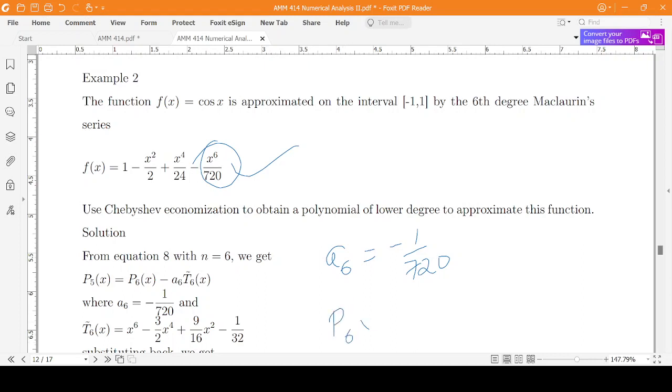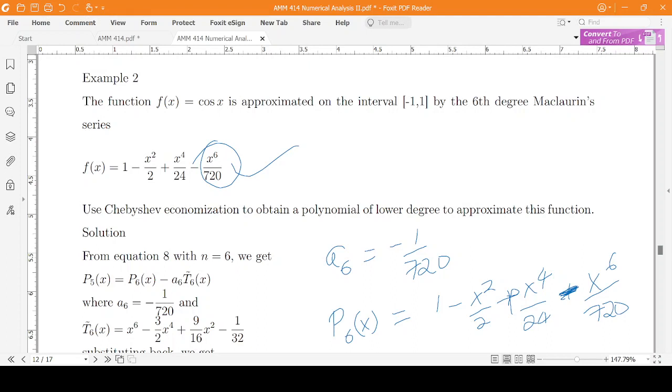So P6 of x will be the polynomial 1 minus x squared over 2 plus x raised to power 4 over 24 minus x raised to power 6 over 720. The last term here is minus, not plus. This one is plus. So that is P6.